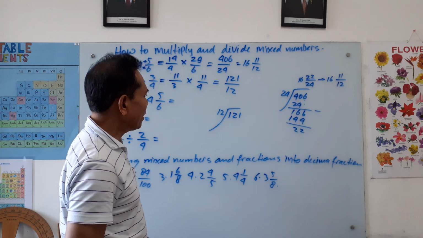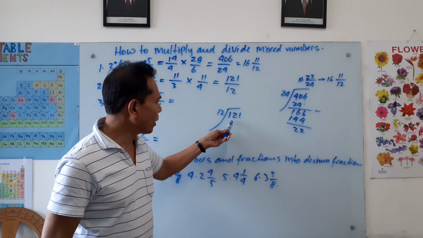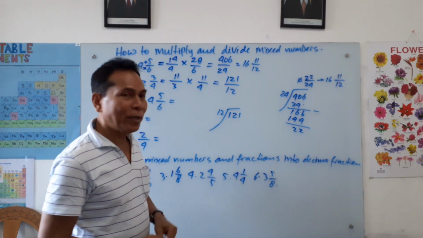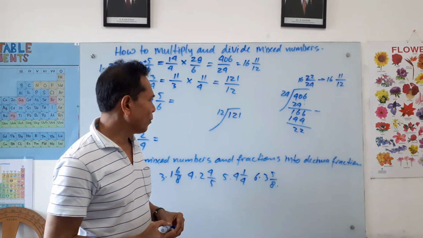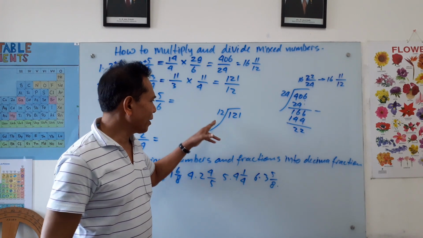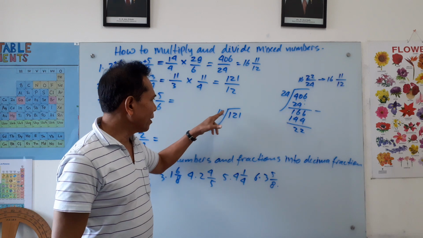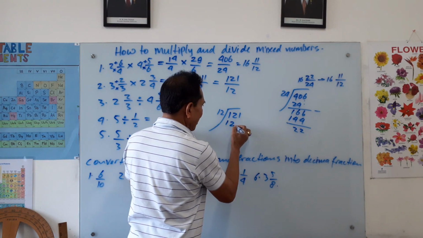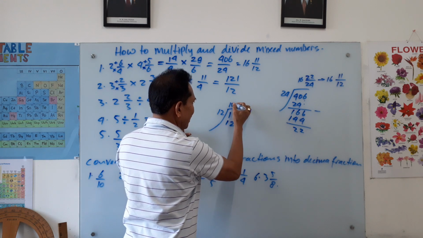Now, because this is 12, this is 121, if we take 10, 10 times 12 is 120. We make it easier, not to make it complicated. So 10 times 12 is 120. So we put 10 here.